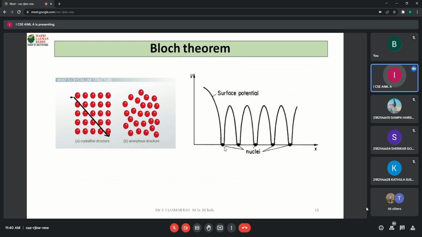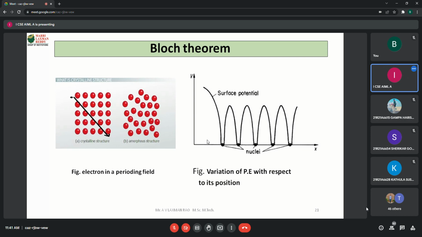When the electron is at a positive ion site, the potential energy is zero. When the electron moves towards another positive ion, it slowly increases, attaining a maximum value in the middle between the two positive ions, and then slowly decreases as the electron moves towards the next positive ion site. This is the model Bloch explained.